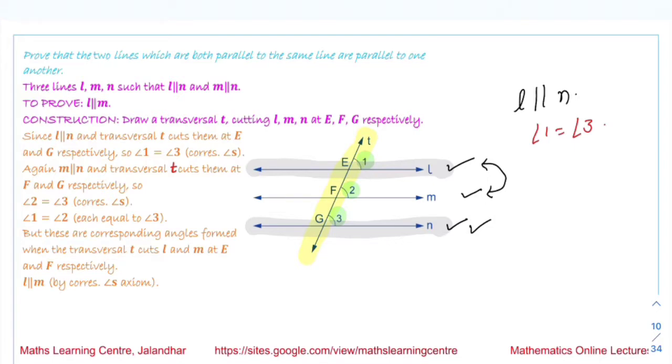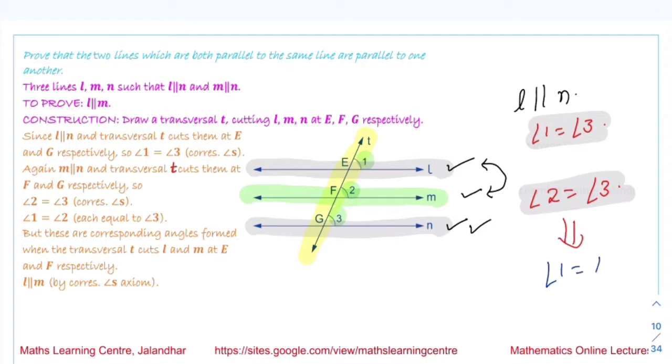And similarly, M is parallel to N. The line M is parallel to N. So what we get is that angle 2 is equal to angle 3. Now from these two conditions, 1 is equal to 3 and 2 is equal to 3, these two conditions imply that angle 1 is equal to angle 2.